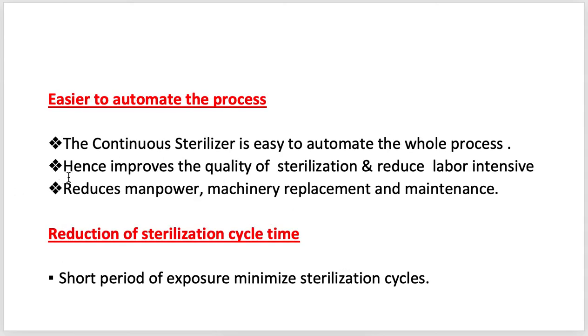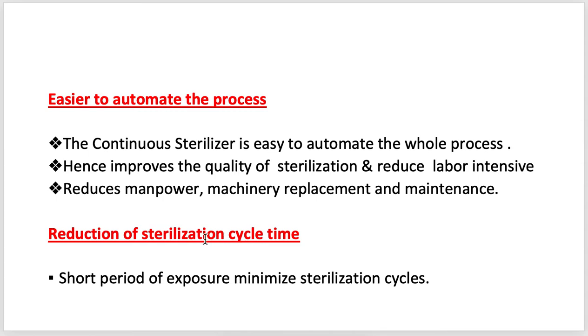Then another advantage: it is easier to automate the process. The continuous sterilizer makes it easy to automate the whole process, hence improves the quality of sterilization and reduces labor intensity. If we can make the process automatic, less labor will be required. Thus it reduces manpower, machinery replacement and maintenance.